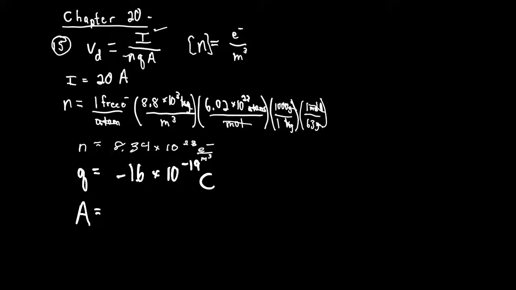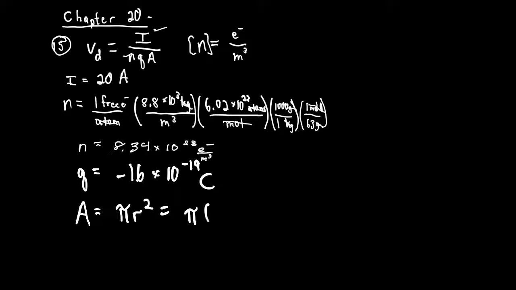And then we need area. So area is the cross section of the wire that we're passing through, and they told us that the radius of this wire is 2.053 times 10 to the negative 3. So this was a given. Cross section area is the area of a circle. Area of a circle is pi r squared.